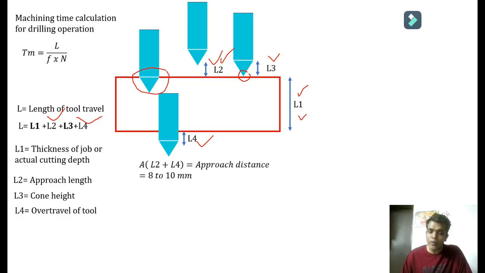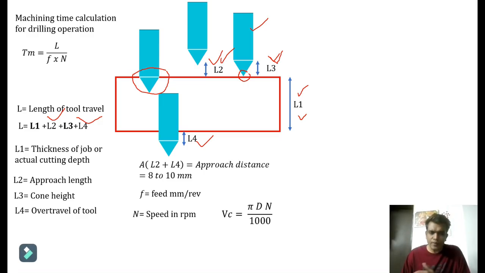What we have to calculate very meticulously is the distance L3, the cone height. That will vary from one tool to another tool, because as the diameter of the drilling tool changes, this L3 distance will change, and we have to calculate it very meticulously, right? Now let's see how it can be calculated.